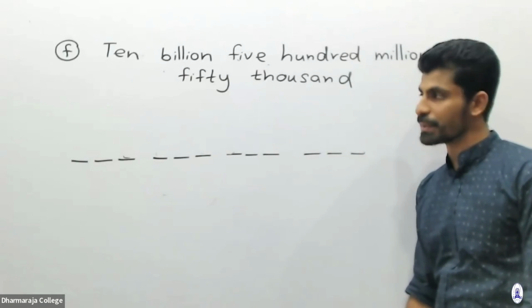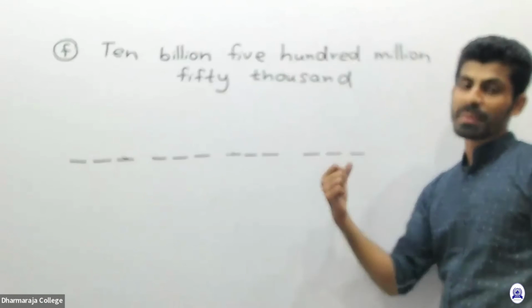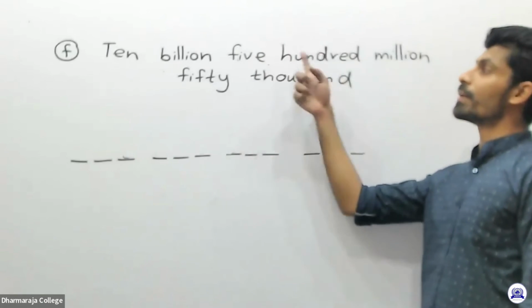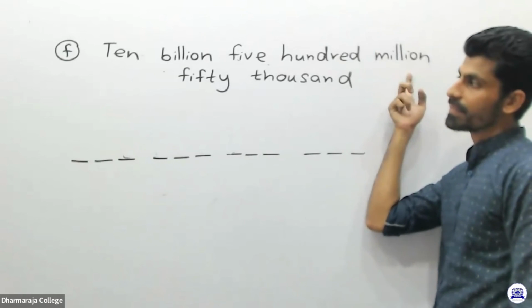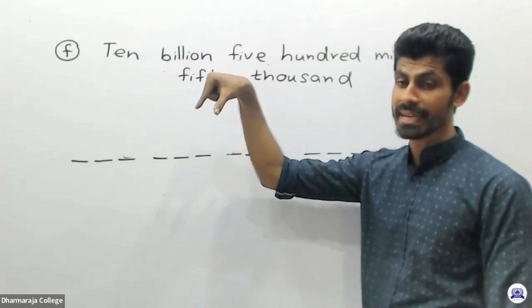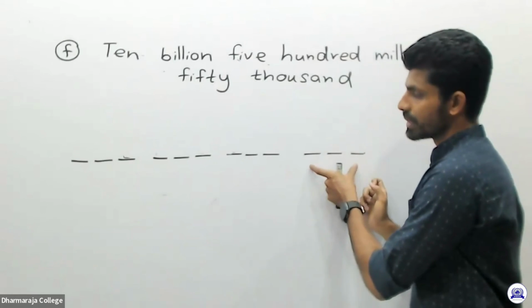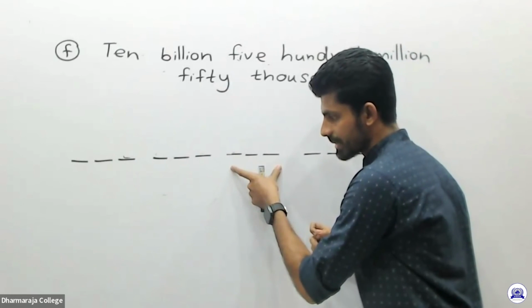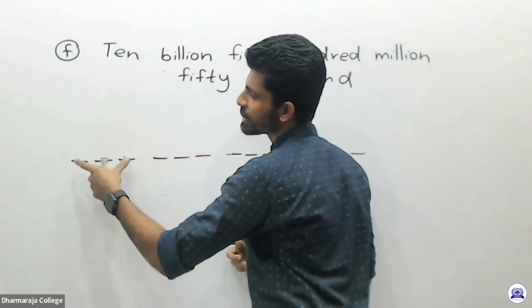Look at the last question. 10 billion, 500 million, 50,000. Billion means units, thousands, millions, billions.